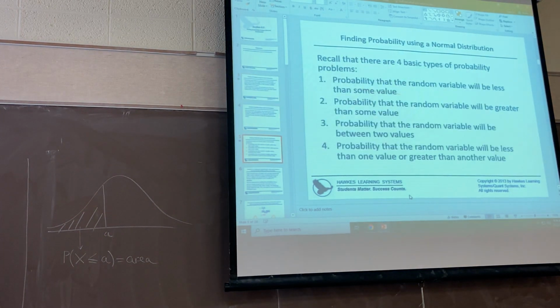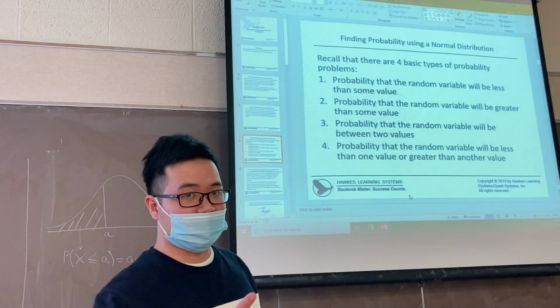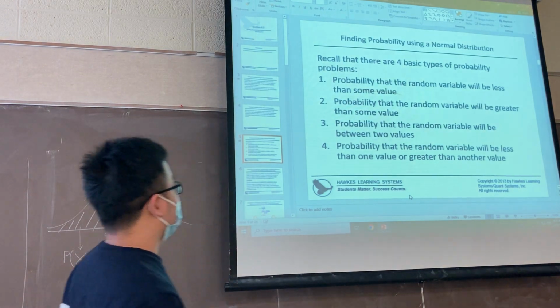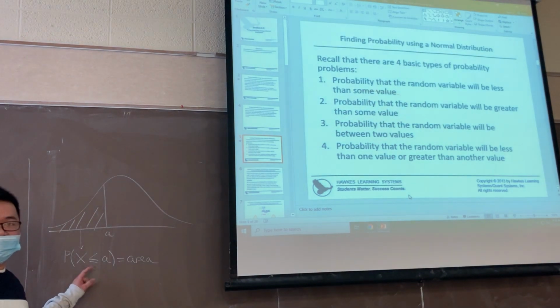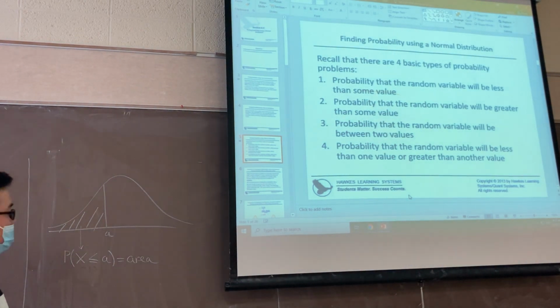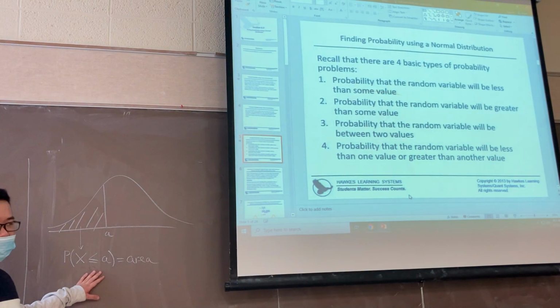Now we have four popular types of probability problems. The first is the probability that the variable is less than a value. In this case, you just use the table to find the probability.